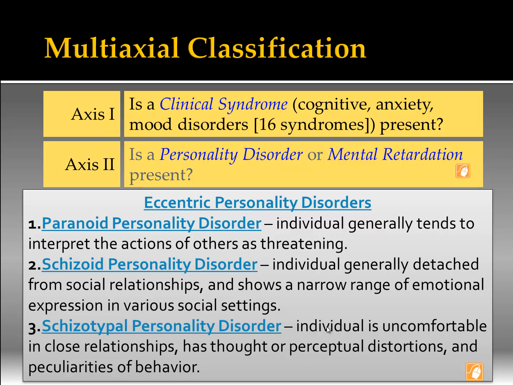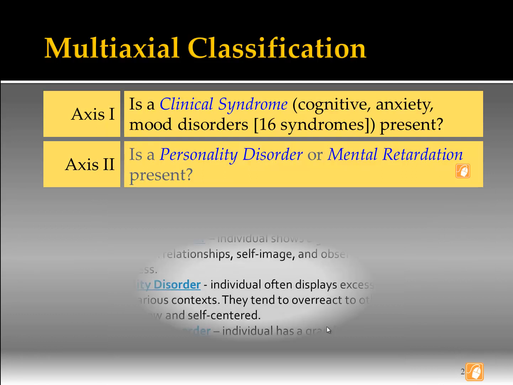In the schizotypal personality disorder, an individual is uncomfortable with close relationships. They may get into relationships, but they're very uncomfortable in them, as opposed to the schizoid, who generally doesn't get involved in social relationships at all, just stays away, doesn't want to have anything to do with them. So those are some forms of personality disorders.